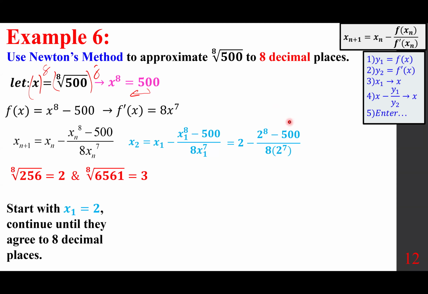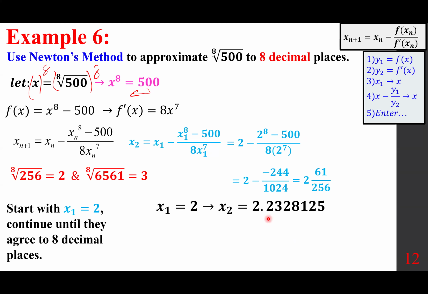Now, 2 to the power of 8 minus 500, negative 244 over 1024. And I'm going to give you an exact answer, although you can use a calculator. But the bottom line is, with x sub 1 being 2, x sub 2 with a bunch of decimals is this number.